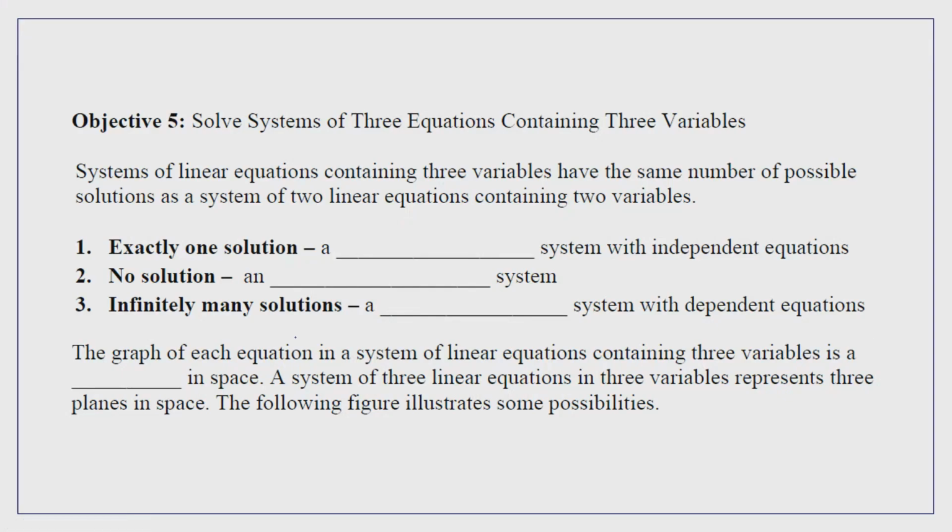All right, objective 5. Solve a system of 3 equations containing 3 variables. Systems of linear equations containing 3 variables have the same number of possible solutions as systems of 2 linear equations containing 2 variables. 1, exactly one solution, a consistent system with independent equations. 2, an inconsistent system.